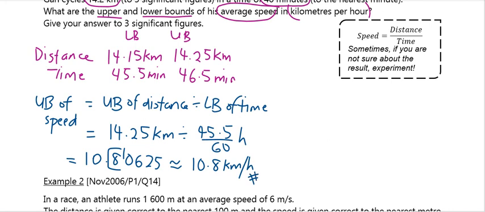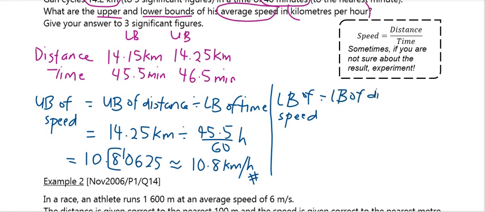Right, next one. You are going to find the lower bound of speed. Lower bound of speed over here will be the lower bound of distance, right? And then divided by the upper bound of time. So this is applying the idea that dividing by a bigger number will get you a smaller number, right?